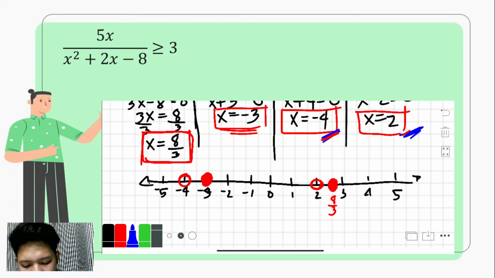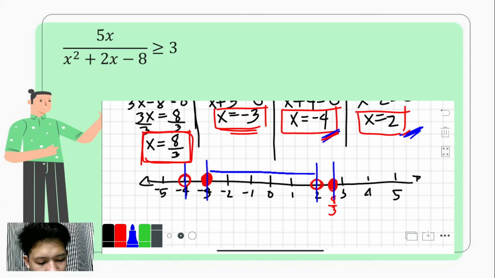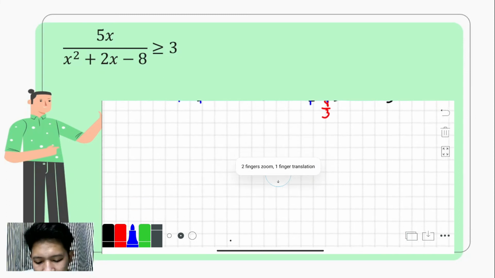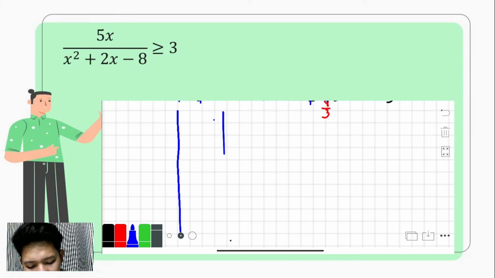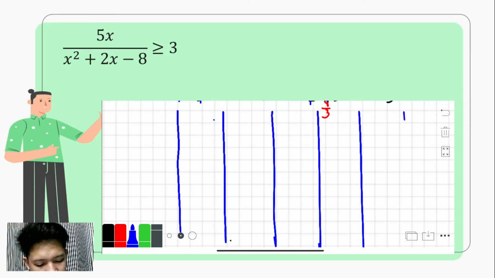Okay? So, ibig sabihin, tignan po natin how many partitions do we have. Medyo madami. We have 1, we have 2, 3, 4, and then 5. So, we have 5 partitions. Okay? So, we'll be having 5 columns. So, we'll be having this one, 1, 2, 3, 4, and then we have 5.